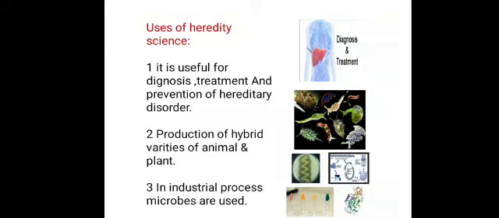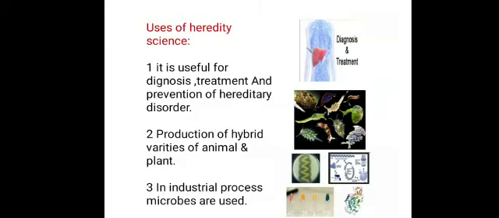Then we learned about heredity, but is heredity only useful for passing the hereditary character? No, heredity is used in science and technology also. The first use of heredity is for the diagnosis, treatment and prevention of hereditary disorders. Now what is meant by disorder?